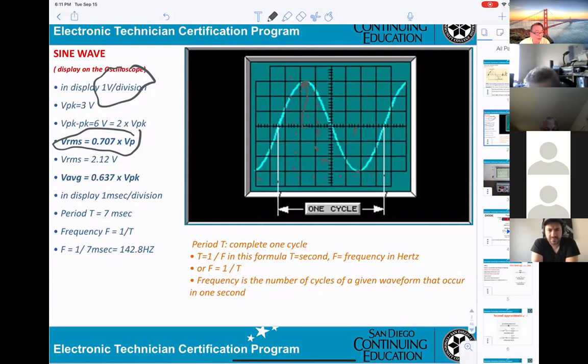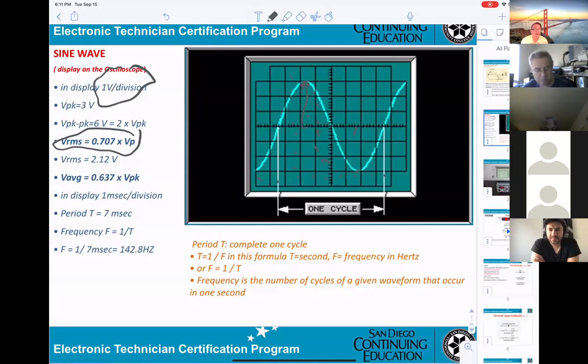The period will be equal to 7 milliseconds. And if you want the frequency, you must use the formula F equals 1 over T. That means 1 over 7 milliseconds. You get 142.8 hertz.